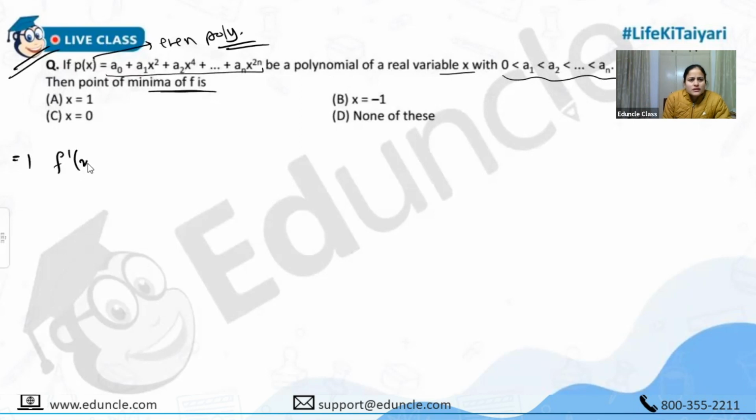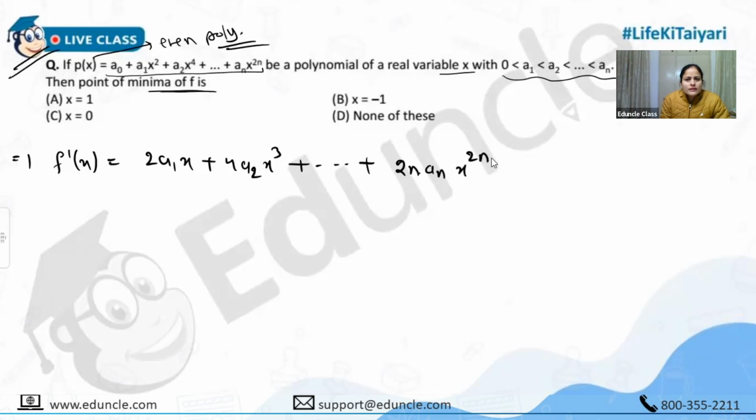So let's take the first derivative. If I am taking the first derivative, then I am getting here twice a1 x plus 4a2 x cube and keep going like that, twice n x raised to twice n minus 1.